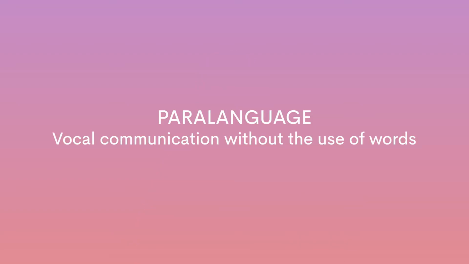We also use paralanguage, or communication that is vocal but does not use words, such as murmurs and gasps, the use of vocal qualities such as volume, pitch, and inflections, and accents, pronunciations, and the complexity of sentences. Silence can also communicate powerful messages. We use silence to communicate different meanings.